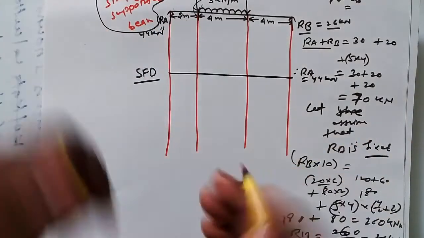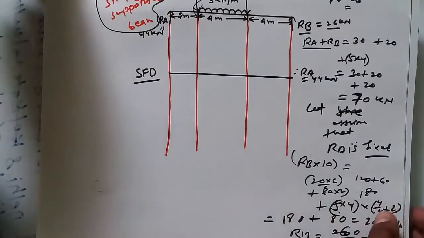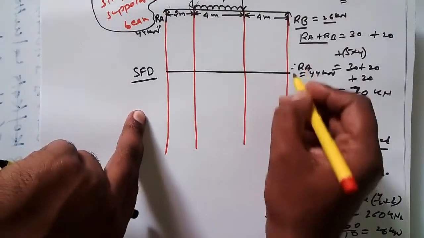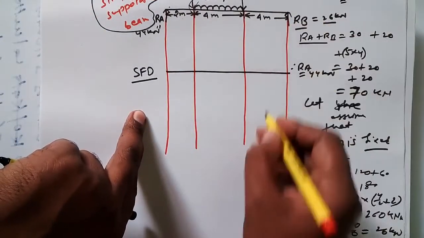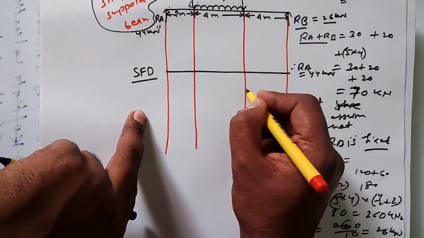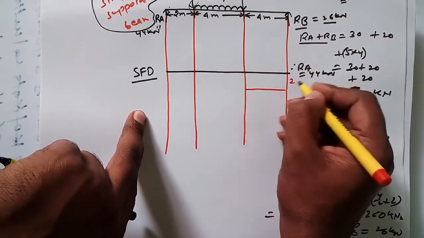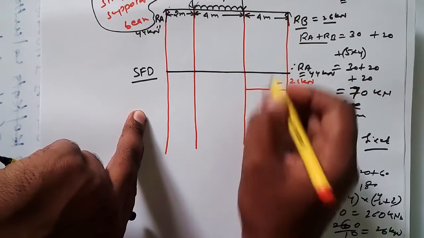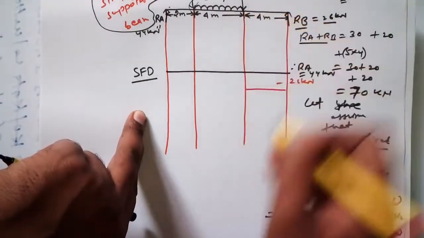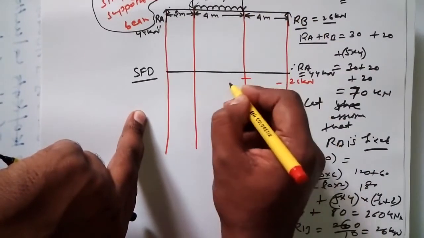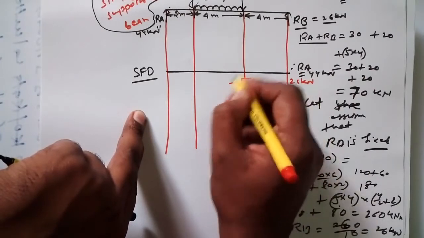Now I have to draw the shear force diagram. Here we have the 26 reaction force, that means this will be 26, negative here, 26 kilonewton. Now here we are adding 20, that means minus 6 remaining.